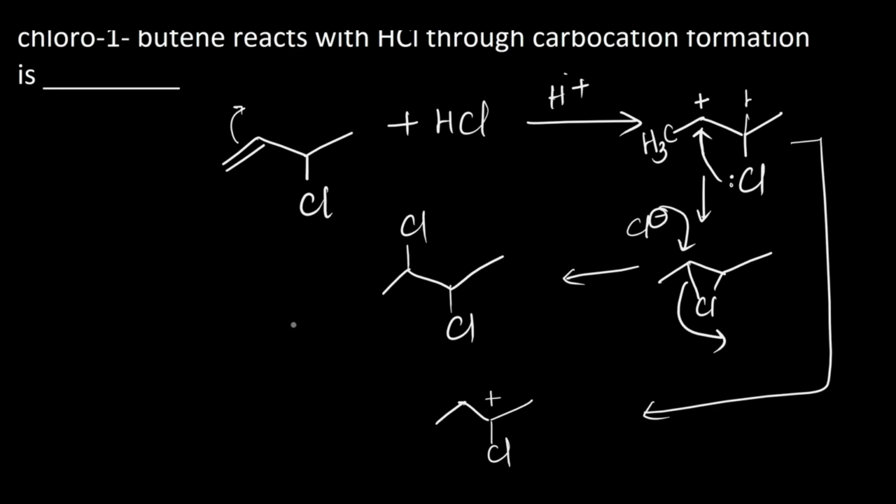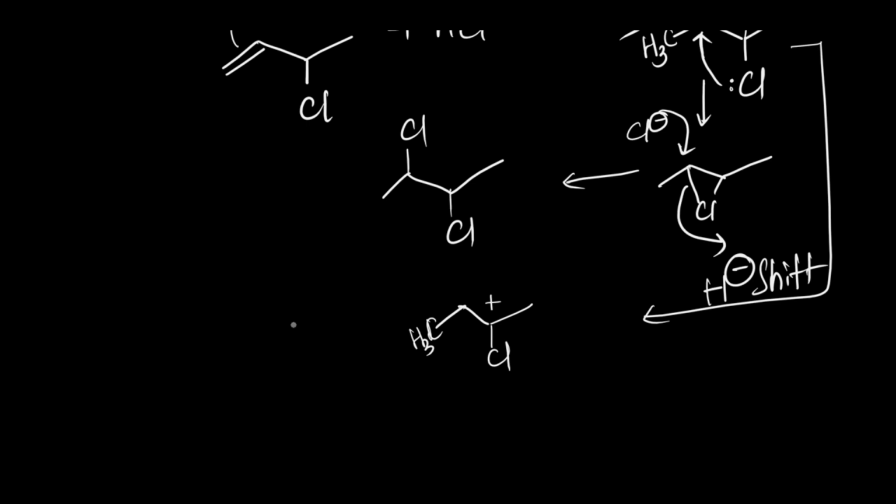This hydrogen can leave the compound as H minus, so a hydride shift can happen to form this with the positive charge. This will take up the hydrogen, so remaining I will be having CH3 CH2 positive charge. Later the other chlorine will come and attack, on the same carbon.